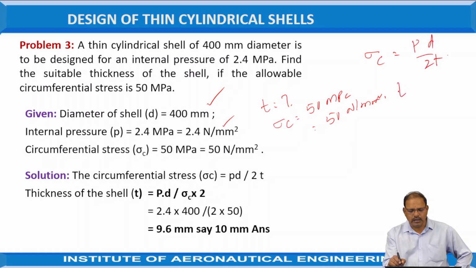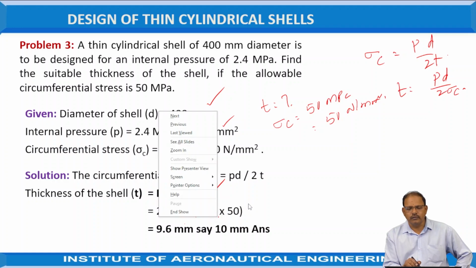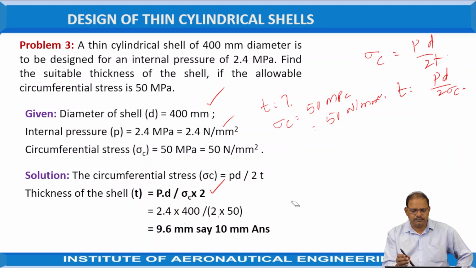The thickness t that I require is equal to PD divided by 2 into sigma c. So pressure allowed is 2.4 megapascal, D is equal to 400 given, divided by 2 into 50 Newton per mm square. By using the relation we got 9.6.